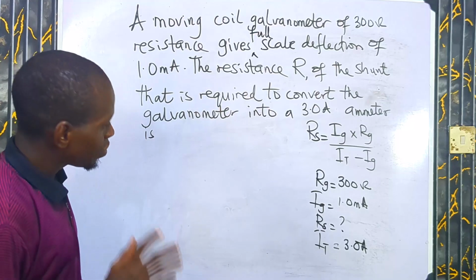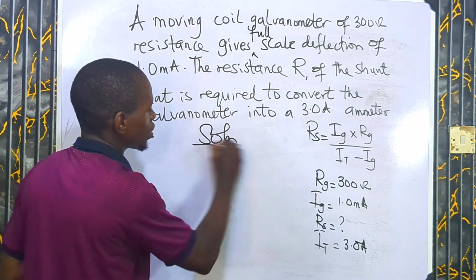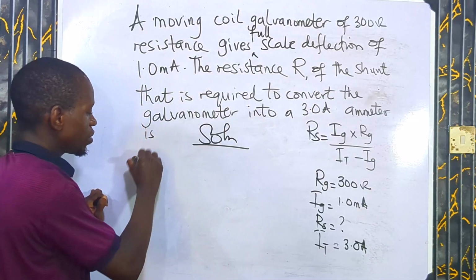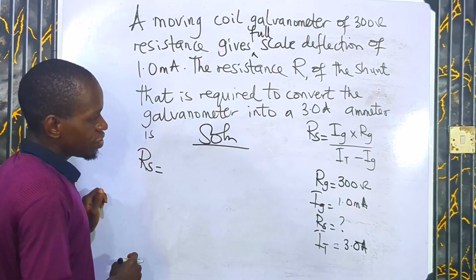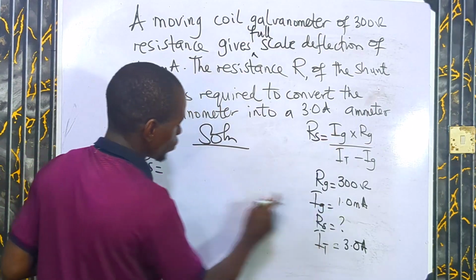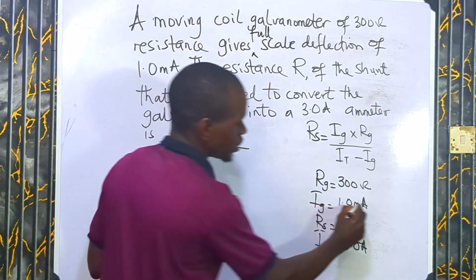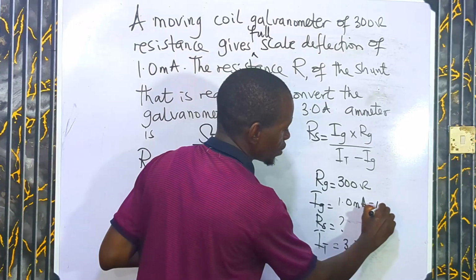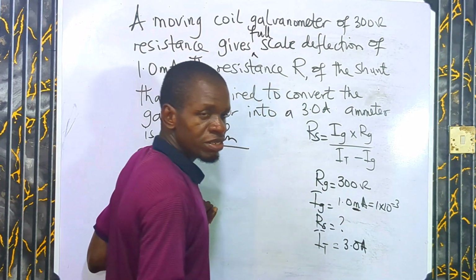How do I get it? It's very simple. Now listen, this is what you're going to write. My RS, which is the resistance of the shunt, is equal to IG times RG. My IG is 1.0, and I've not done my conversion. This 1.0 is 1 times 10 to the power minus 3 ampere, because of milli.